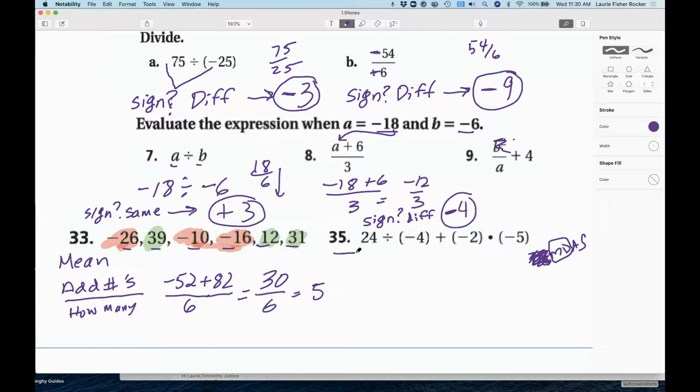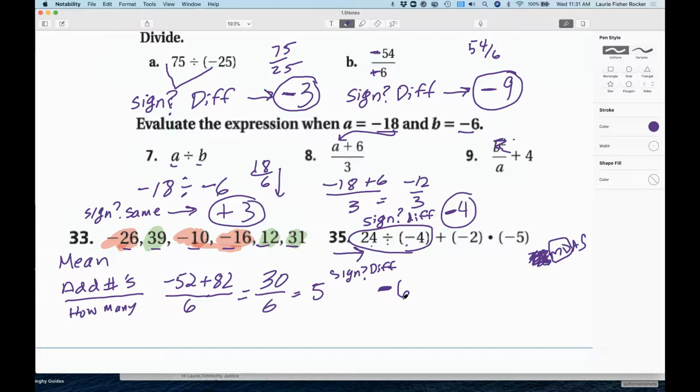If I start here and go this way, the first thing I see is 24 divided by negative 4. So that's what I'm going to do first. I ask myself, what do I do with the sign? It's different, so it's going to be negative, and then 24 divided by 4 is 6. And then I see a plus, but I haven't finished the multiply and divide yet.